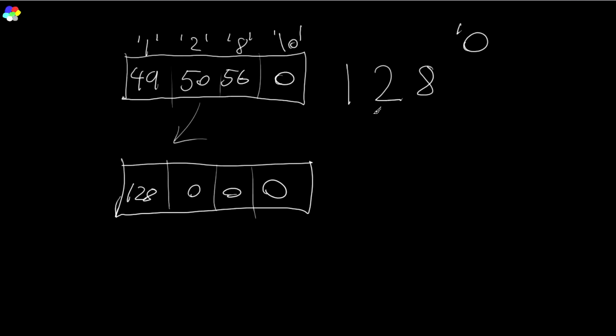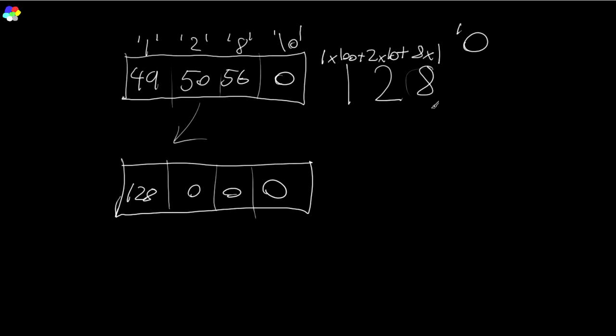Now, to understand how this works, let's take a look again at the number 128. This number in decimal can be broken down into 8 times 1 plus 2 times 10 plus 1 times 100. And this is basically how you can convert any string into a value.